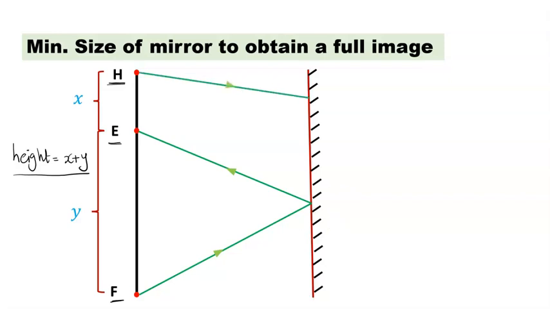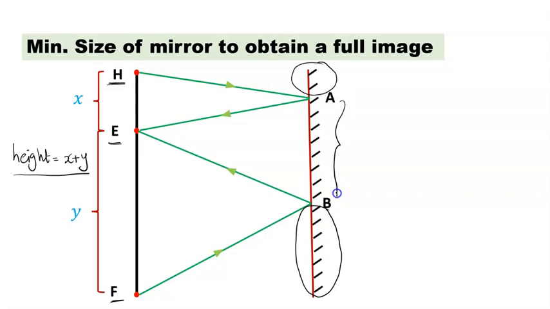Now the same thing happens for the head part. If the head part is emitting a light ray like this, then upon reflection it will go into the eyes. And these two points of incidence I have named as A and B. Now this part of the mirror is not at all useful, and even this part of the mirror is not at all useful. So whatever we need is this distance between A and B, that is the size of the mirror.